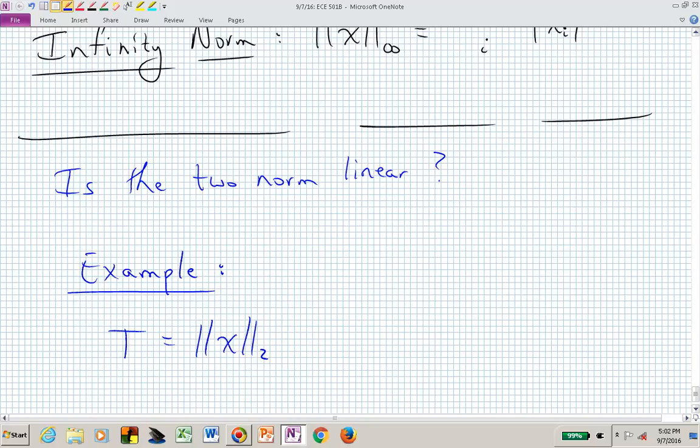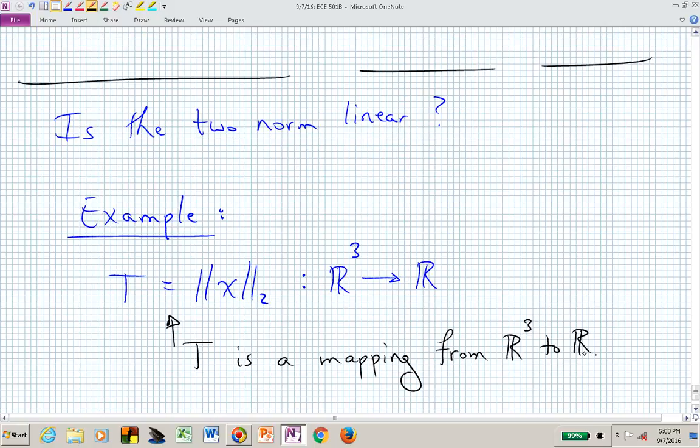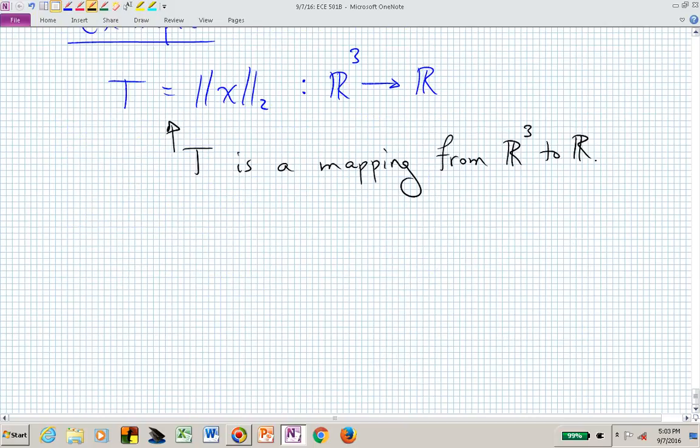We can say T is a map such that we take R3 into R. So now we're saying T is a mapping from R3 to R. And now we want to ask, is it possible for T, this mapping, using the 2 norm?